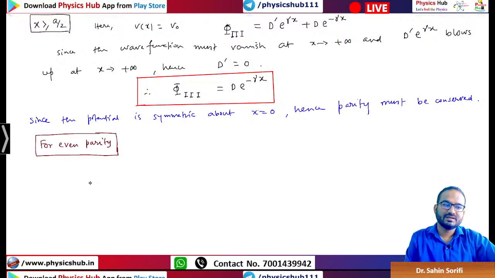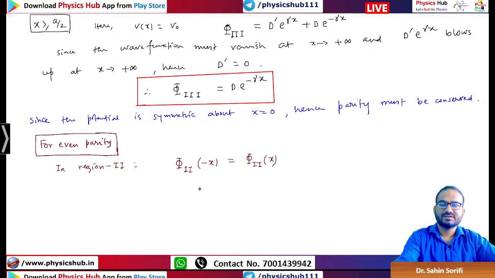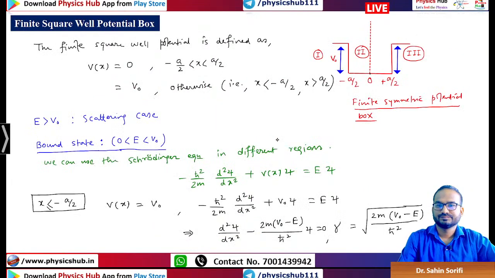For even parity, if I consider region 2, so region 2 is the most important where the particle is lying. In region 2, if it is even, that means phi 2 of minus x is equal to phi 2 of x, because the symmetric thing is there in region 2. As you can see, this is the region we are talking about.